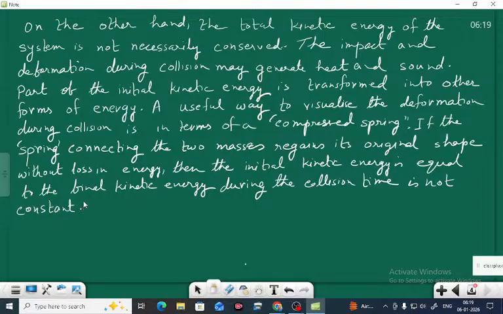Such a collision is called an elastic collision.